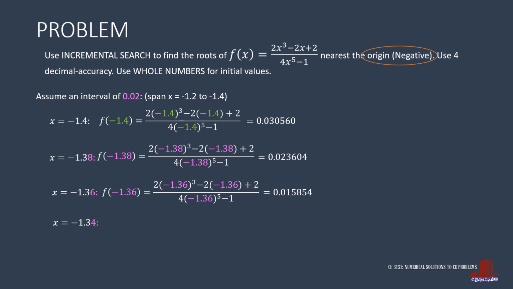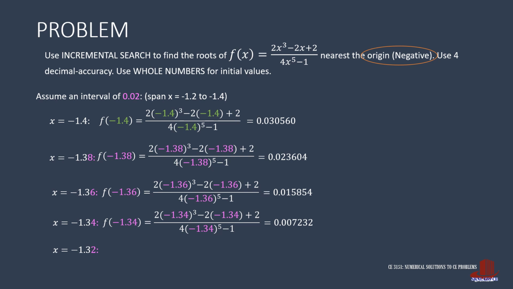So try another increment where the function becomes 2 times negative 1.34 cubed minus 2 times negative 1.34 plus 2, divided by the binomial of 4 times negative 1.34 raised to 5 minus 2, which gives 0.007232. There are 2 zero decimal places now, so we are near 0.